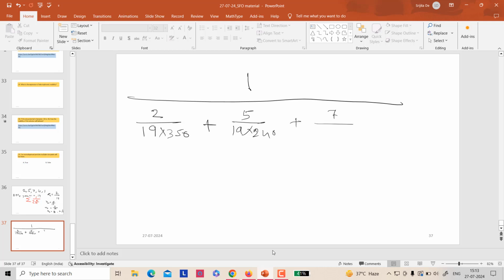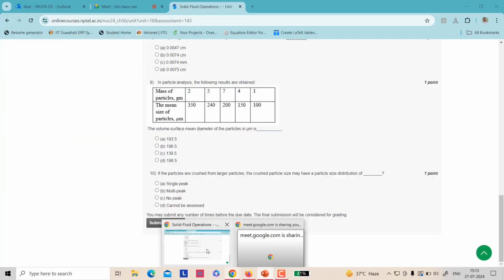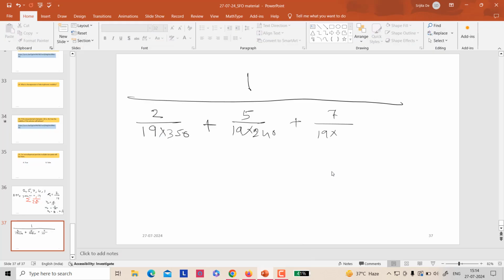Then 7 by 19 into 200, plus 4 by 19 into 150, then 1 by 19 into 100. You have to sum up all the denominator terms and then take 1 by that whole number.